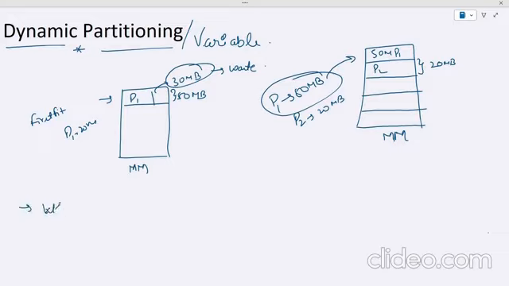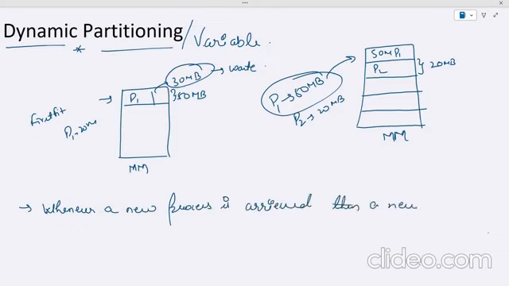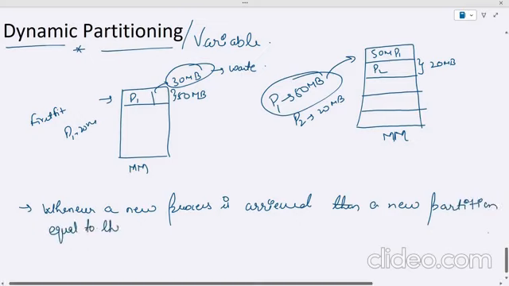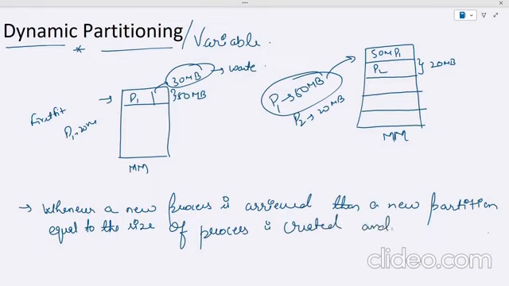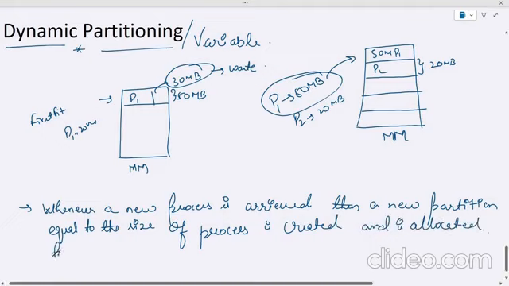So you write it like this: whenever a new process arrives, then a new partition equal to the size of the process is created and allocated to the process.